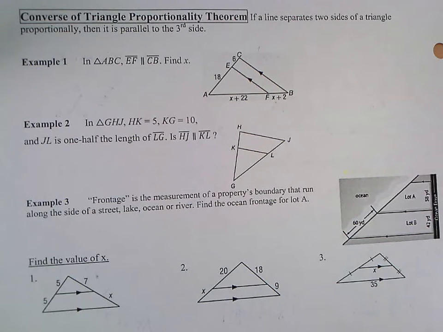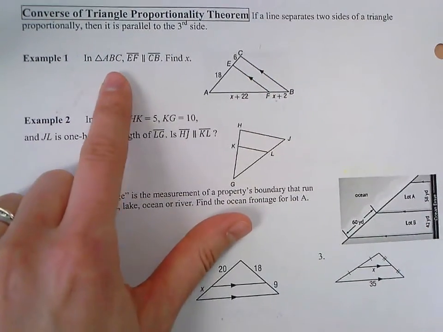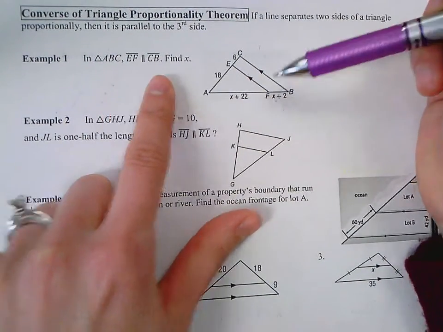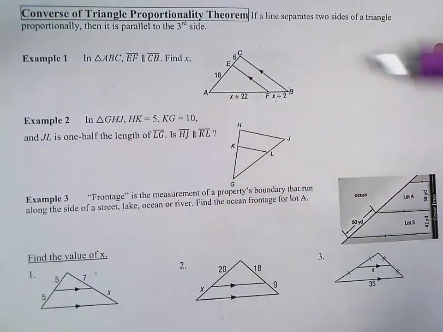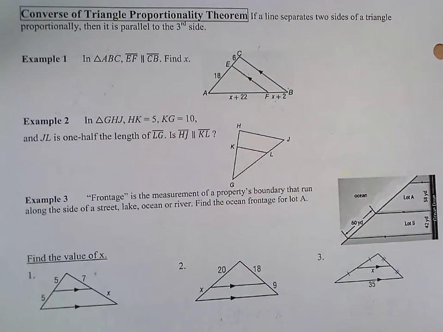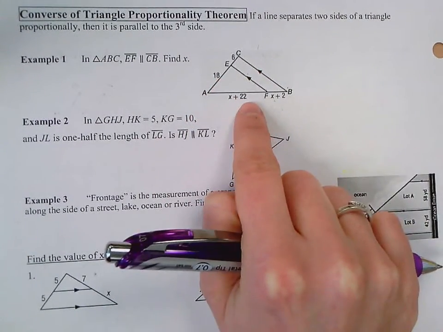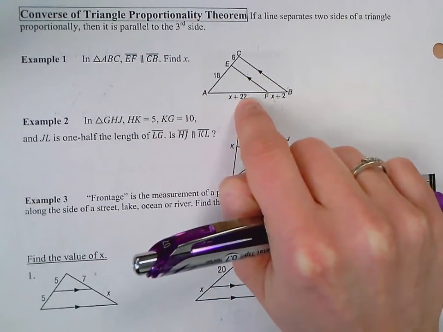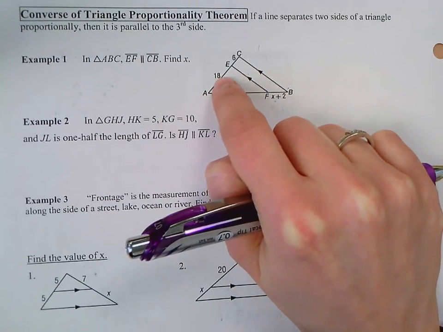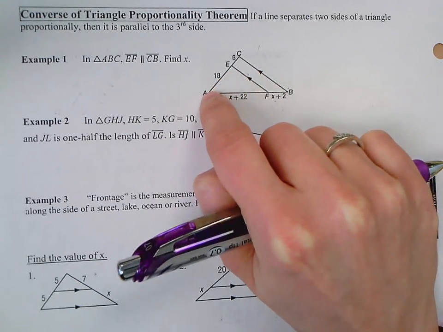So example 1, you have seen examples like this before. We set them up differently. Some of you realized you could set it up the way I'm going to show you today, but otherwise we set them up differently before. So it says in triangle ABC, EF is parallel to CB, and it wants us to find X. So before, you may remember the way we set this up is I had to say, well, 18 would be proportional to this entire side.